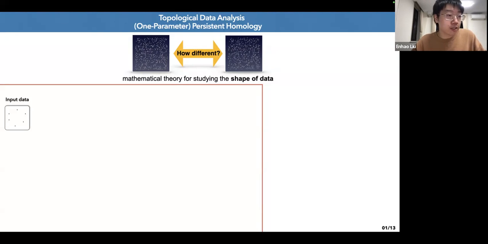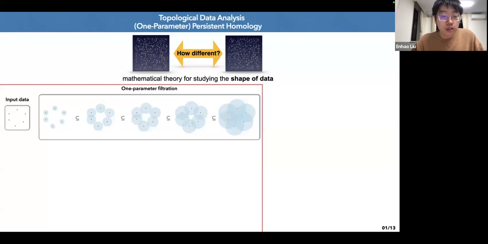For example, we are given input data in Euclidean space, just a finite set of points, which we call a point cloud. For example, in this case, we are given six points in R2. Then we want to build the so-called ball model with respect to this data.